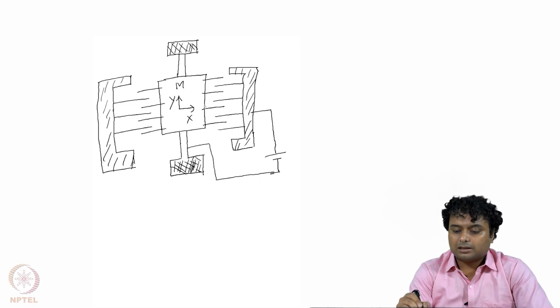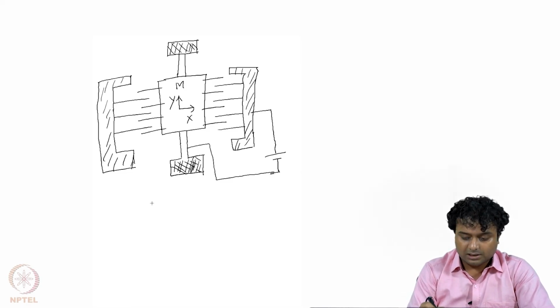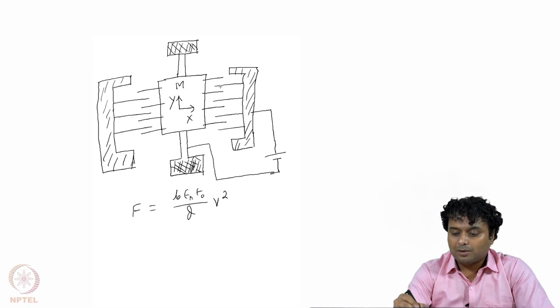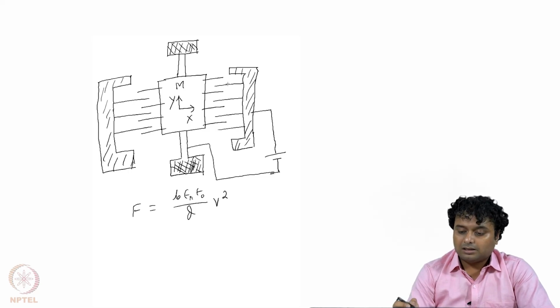Because of the electrostatic attraction, it will pull the device or the actuator towards it, right, and the force F will be equal to B into epsilon r epsilon naught divided by d into v square, and this is for only one pair, right, and there are, let us say, n number of combs.